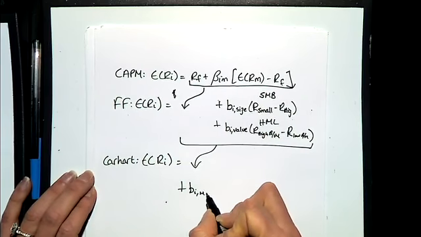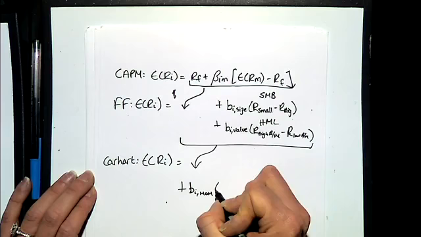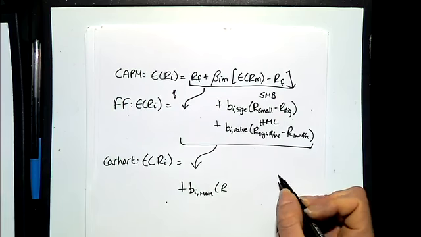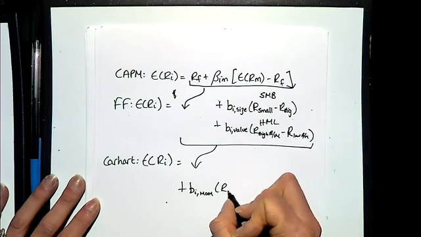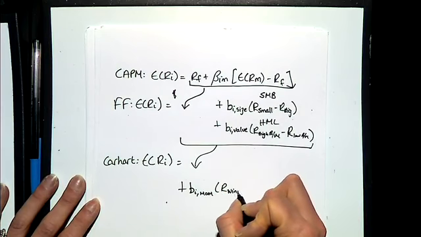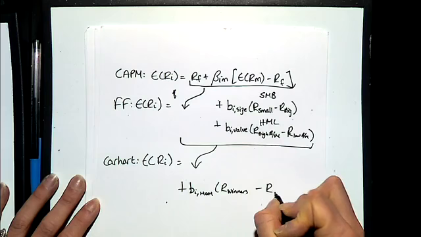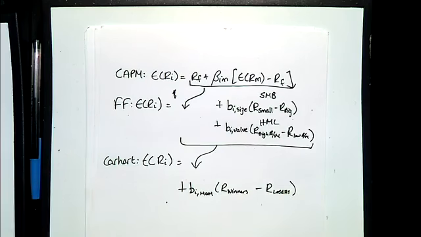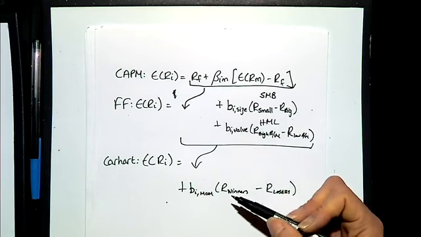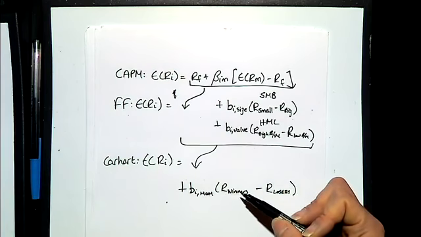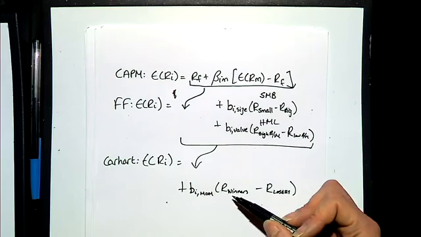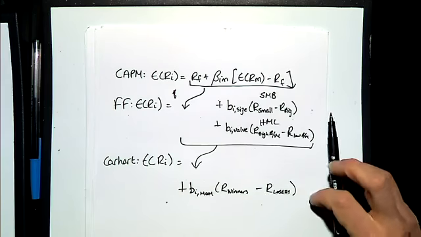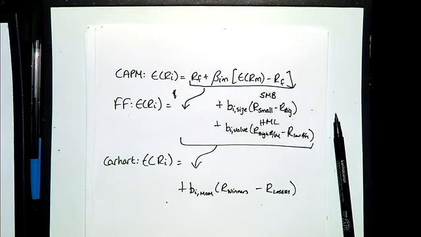Momentum. We're not going to look at these in any great detail in the course. We'll touch on them again next week and again the following. But this is winners less the return on losers. So that's the return on stocks that have had high returns, the top decile over the past 3 to 12 months, less the return on stocks with the worst returns over the prior 3 to 12 months.